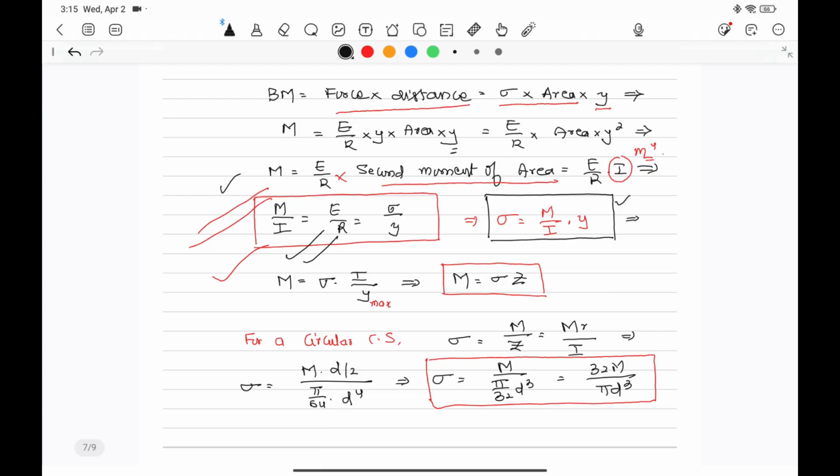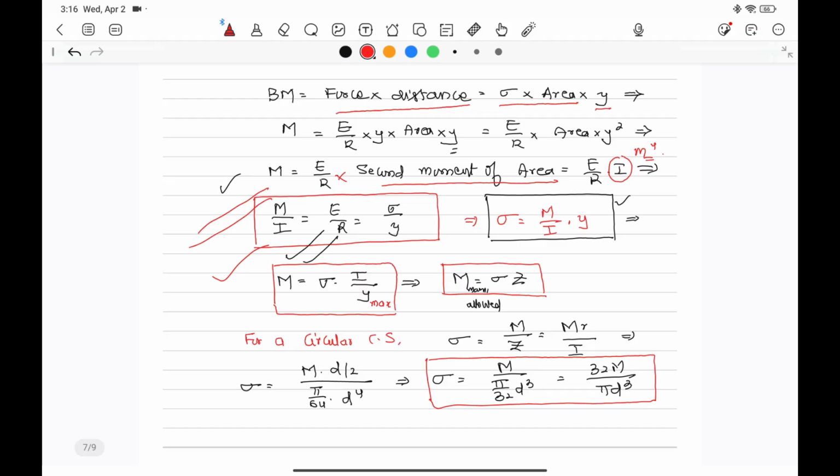Now you just see, y is equal to d by 2. If you take that, y maximum will give sigma maximum, M maximum allowed. The maximum bending moment allowed is equal to sigma into I by y. This is a very, very important equation. From the external loads, you can calculate the bending moment.